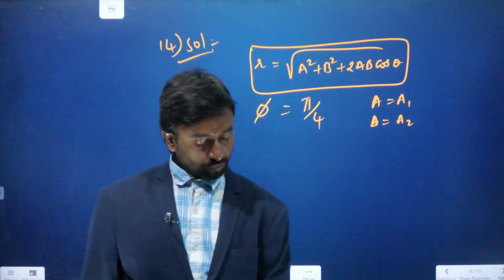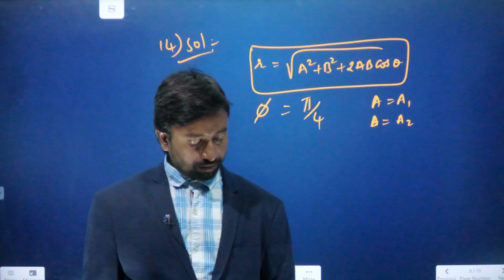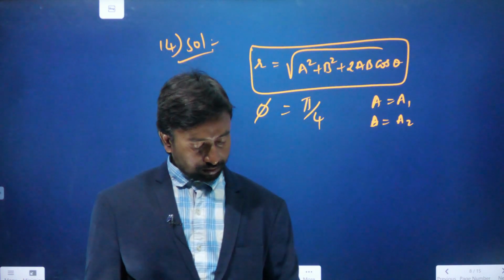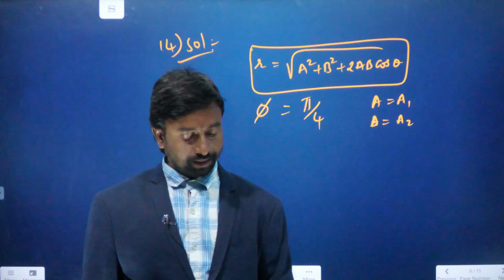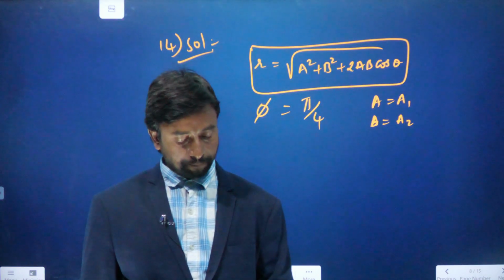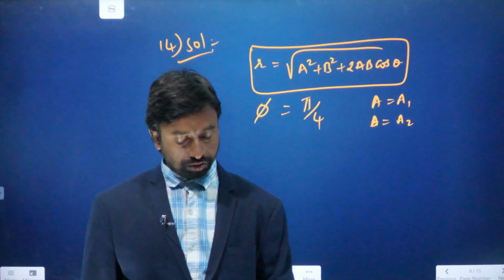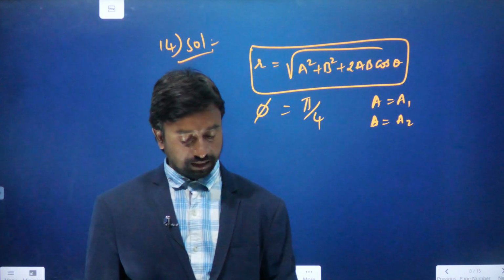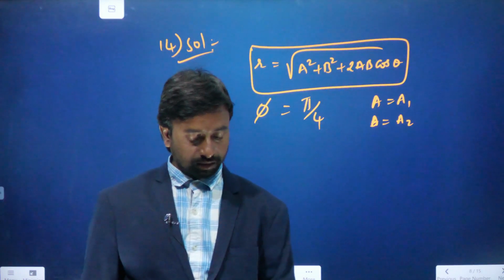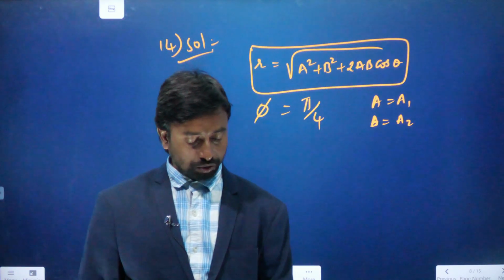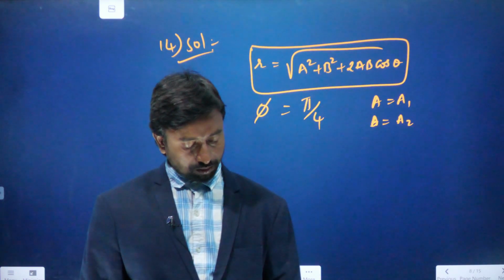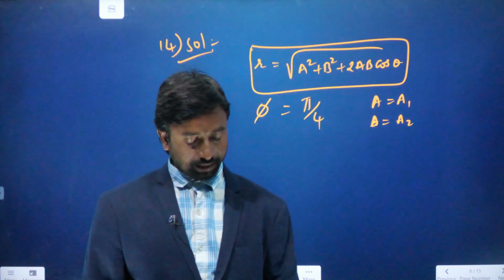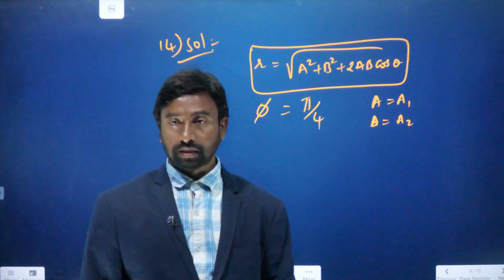Okay, try it. Then 17th one: the period of a particle in SHM is 8 seconds, so the time period is given. At t equals 0, it is at the mean position. We should find the ratio of the distance travelled by it in the first and second second.